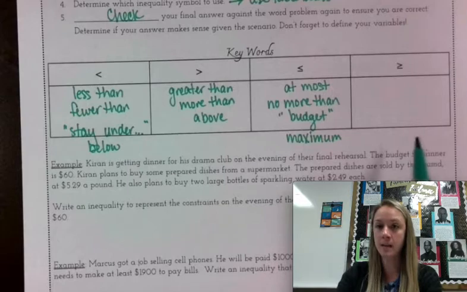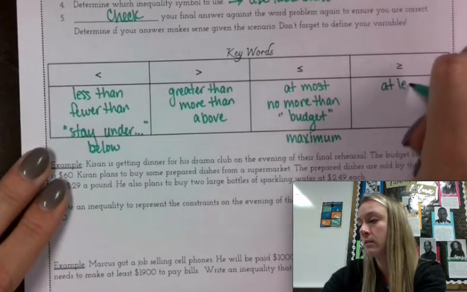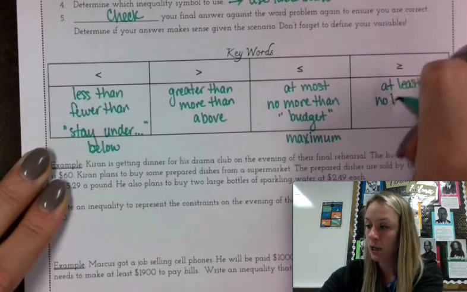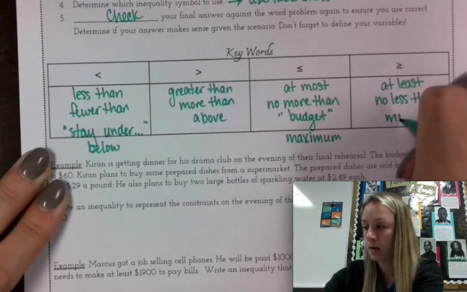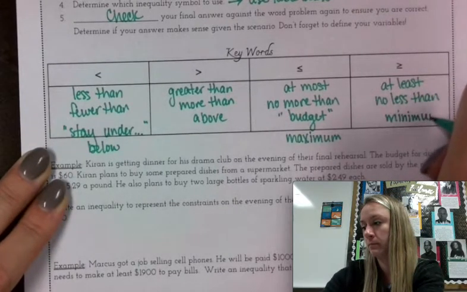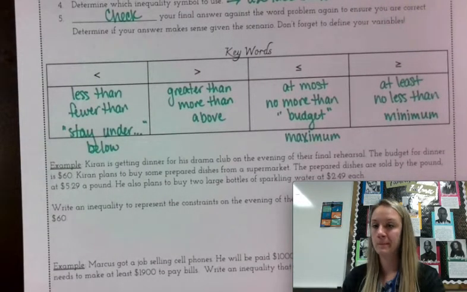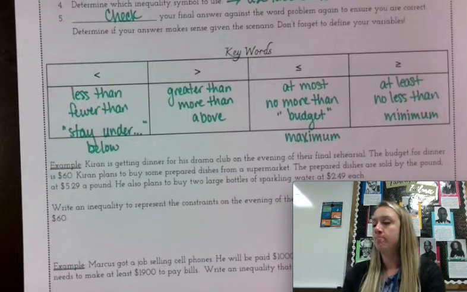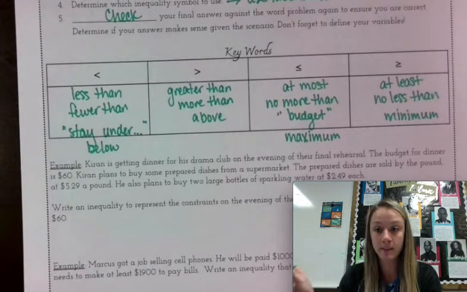So then the last column here, greater than or equal to, we can say at least. We can say no less than or minimum. So minimum, I like to think of Cedar Point and the height requirements to go on a ride.